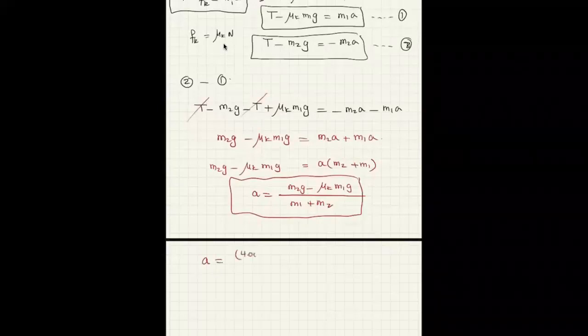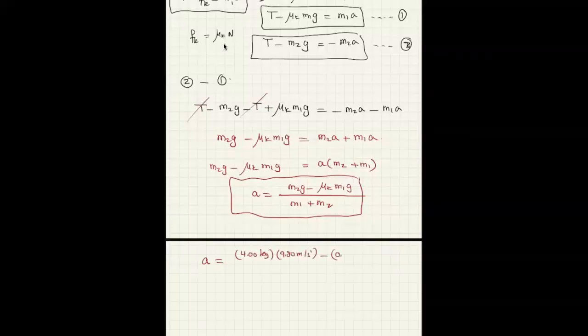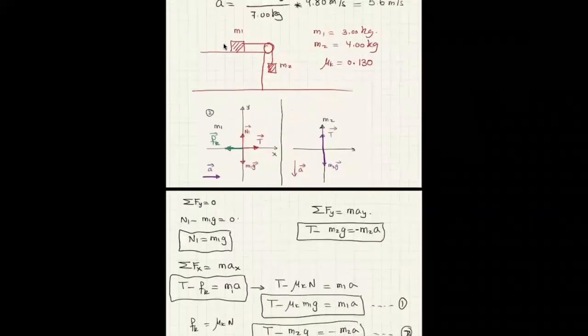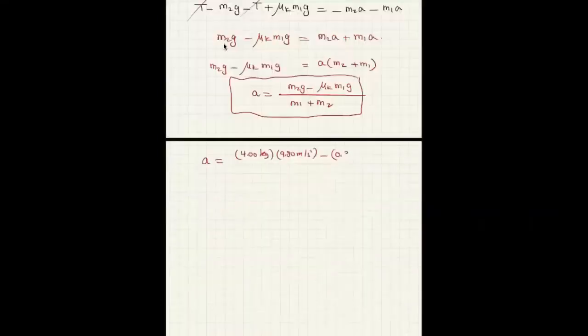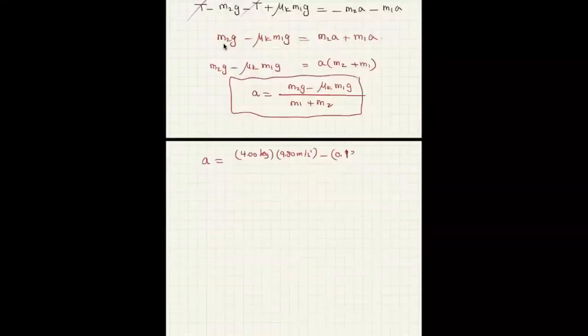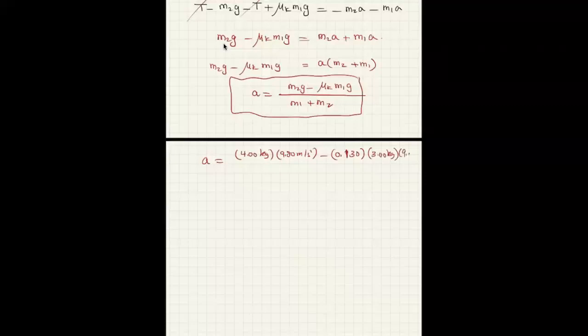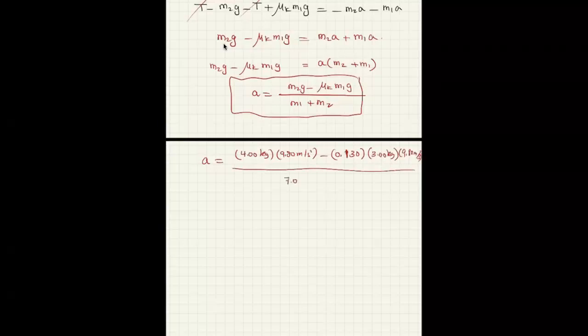This is 4, this is 9.8, this is 0.13. This one is 3, this one is 9.8, and the total for the masses is 7 kilograms.